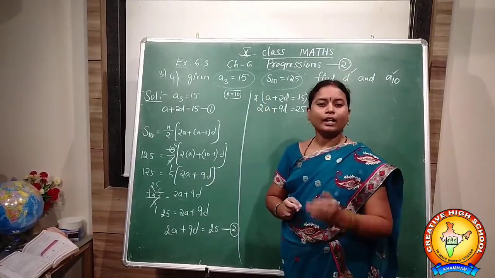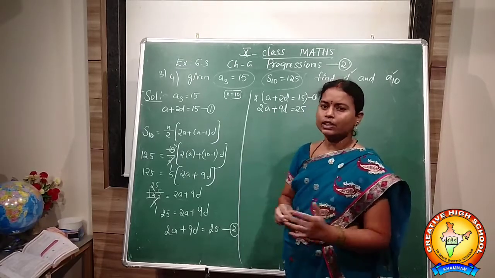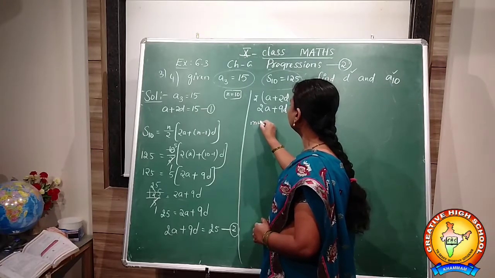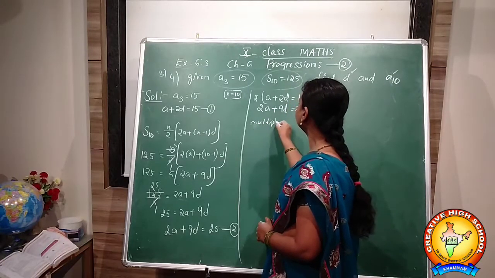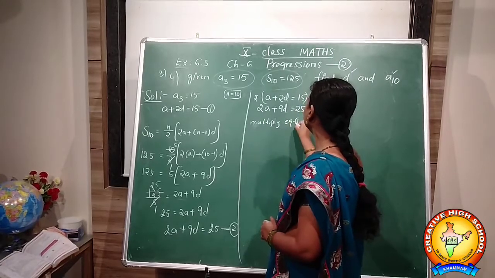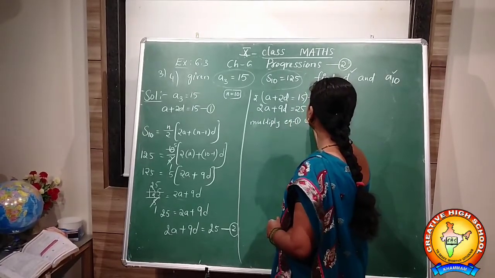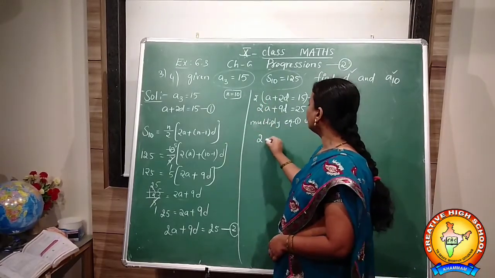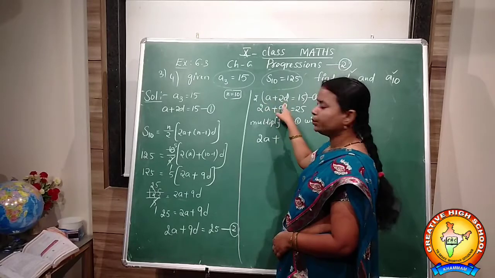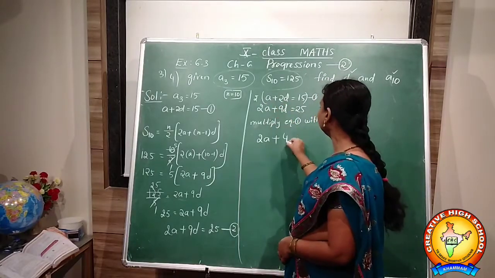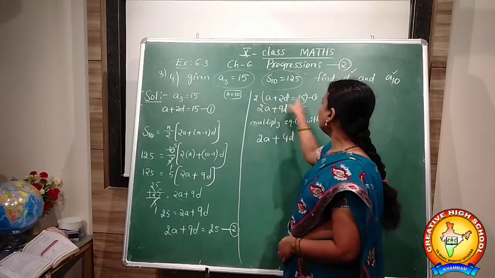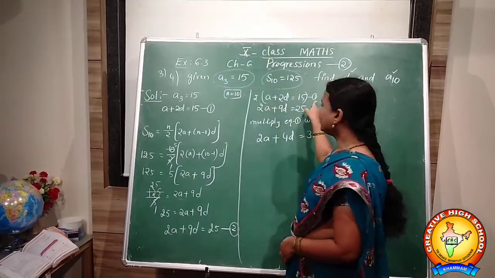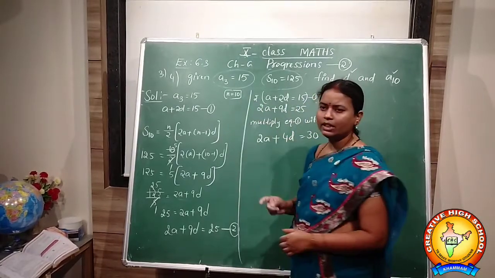So that's why I am multiplying the first equation with 2. 2 into a, 2a, plus 2 twos are 4d, is equal to 2 fifteens are 30. The total equation number 1 I am multiplying with 2.